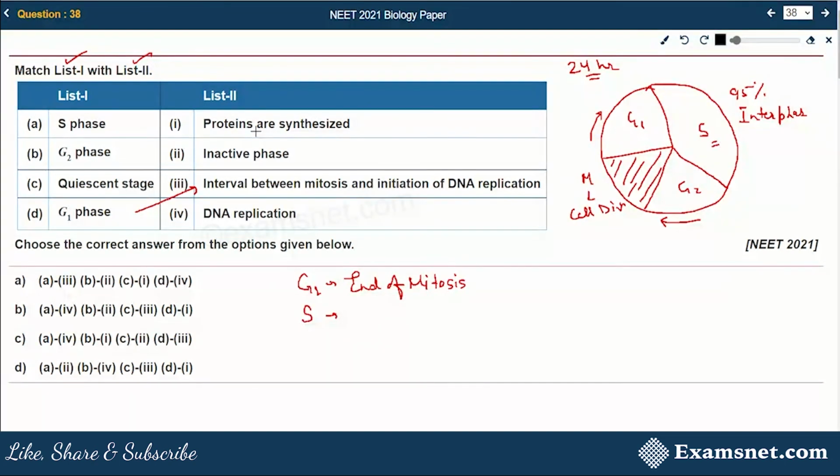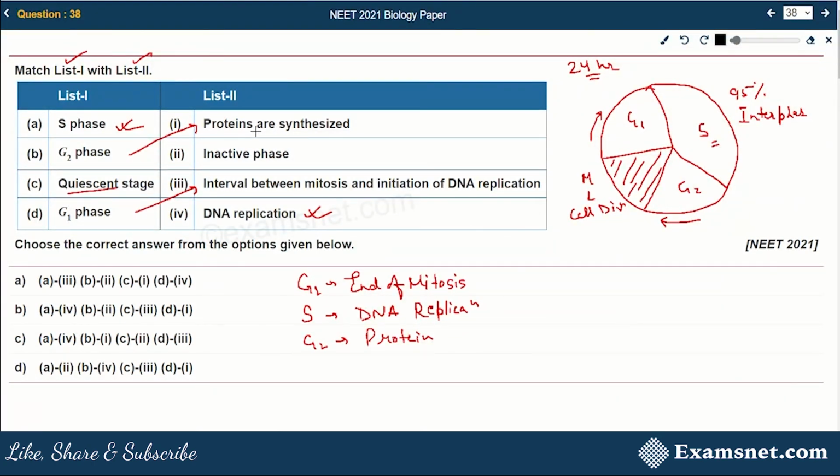This is the phase during which actual DNA replication is done. So the correct match for S phase is DNA replication. Now G2 phase, during this phase protein is synthesized. So what will be the correct match for G2 phase? Number 1, that is proteins are synthesized.